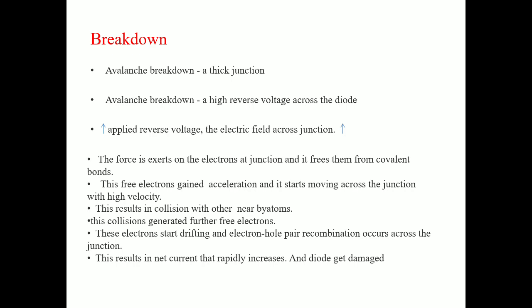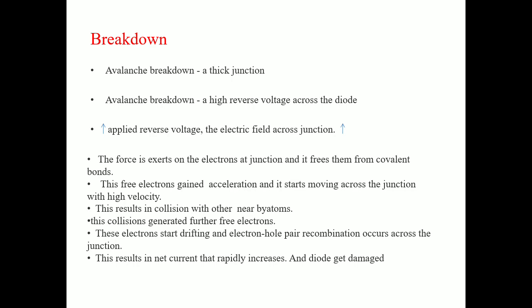As the applied voltage increases, the electric field across the junction increases. The force exerted on the electrons at the junction frees them from covalent bonds. These free electrons gain acceleration and move across the junction with very high velocity. This results in collisions with nearby atoms, and these collisions generate further free electrons.